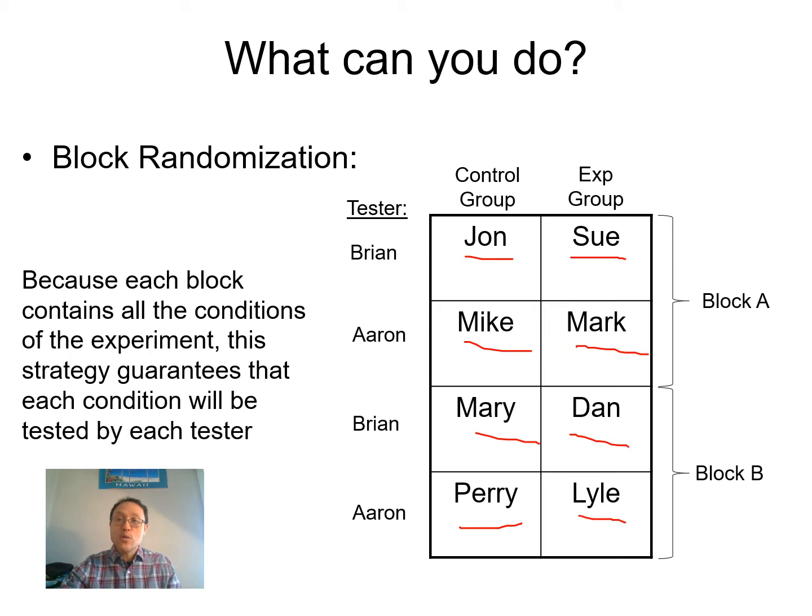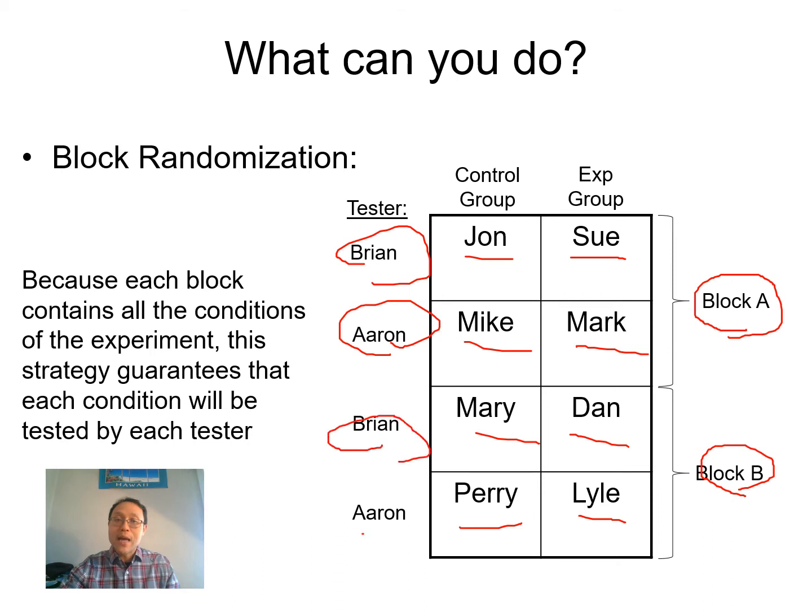You can do it this way: you have block A that is tested by Aaron and Brian, and you have block B that's tested by Aaron and Brian, and so forth. When you do this kind of block randomization, the strategy pretty much guarantees that each group will be tested by each tester.